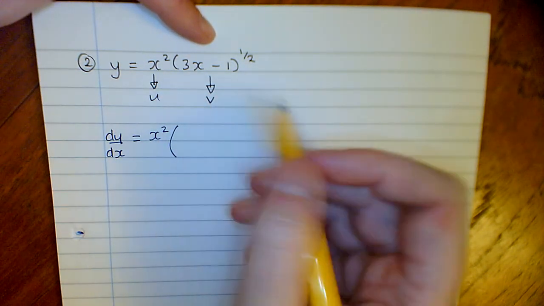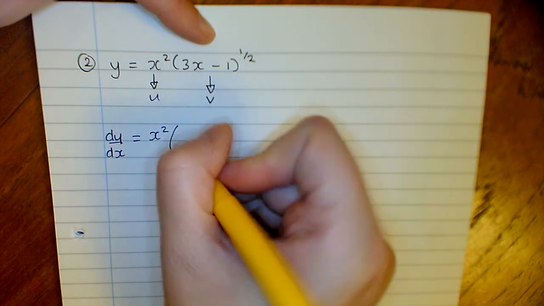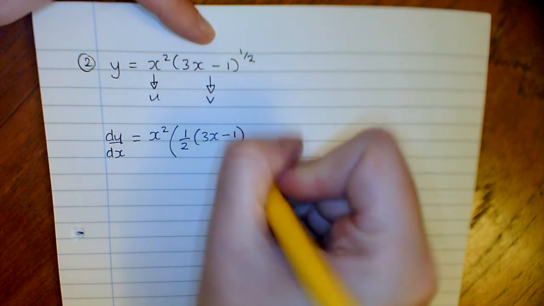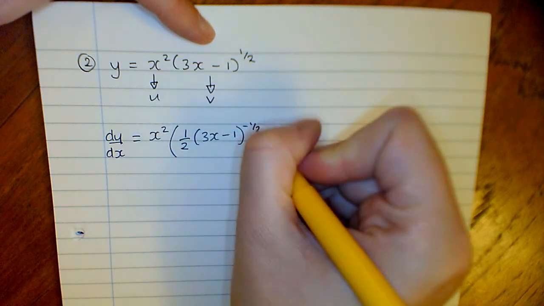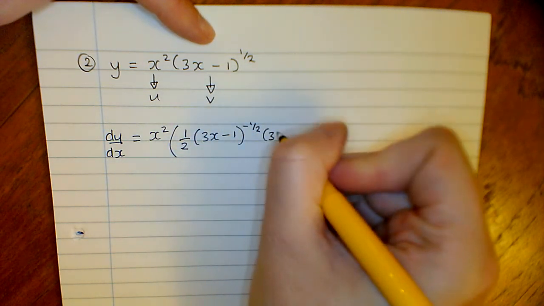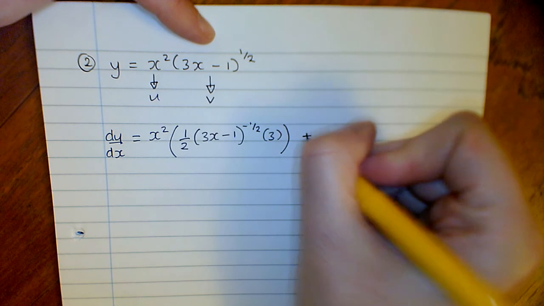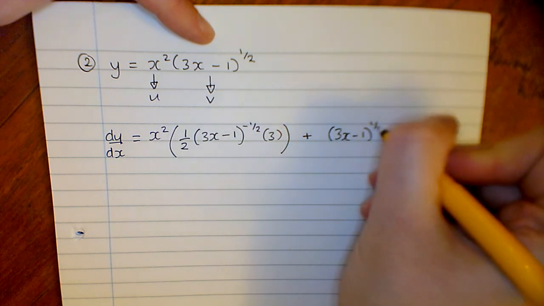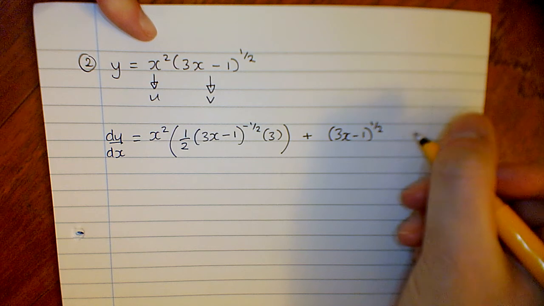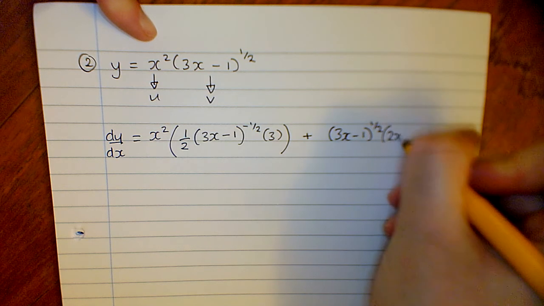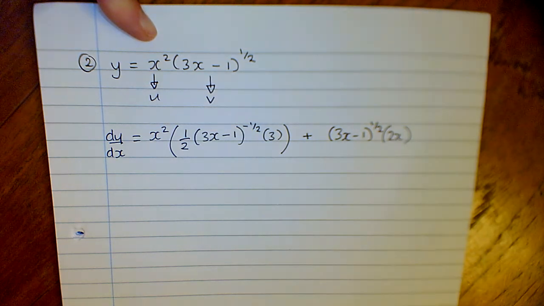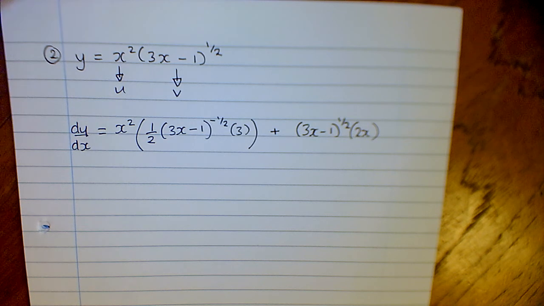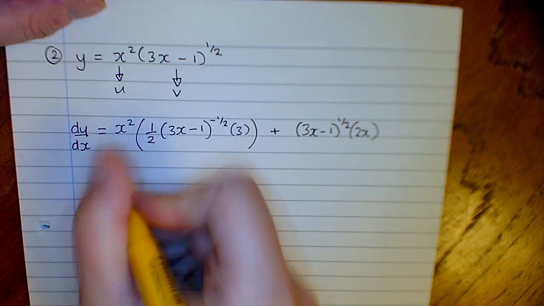So again, it's the function of a function, so it's a half upon (3x minus 1) to the minus a half, and then differentiate the bracket, times 3, plus v, which is (3x minus 1) to the half, times differentiate u, and we'll get 2x.